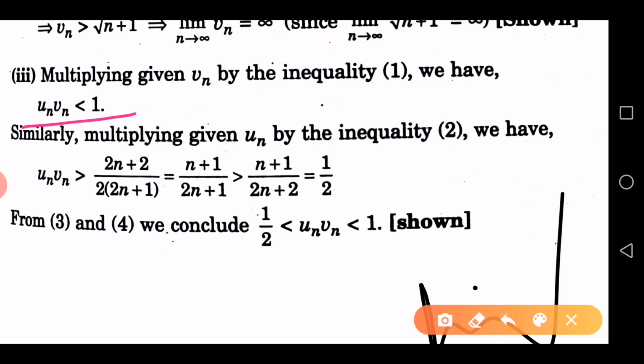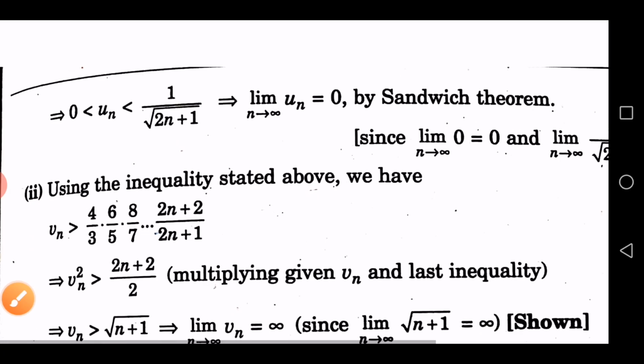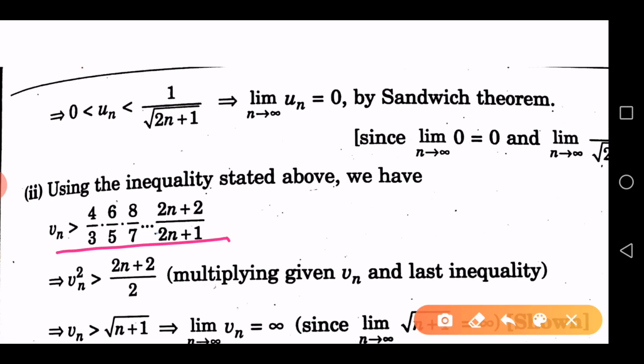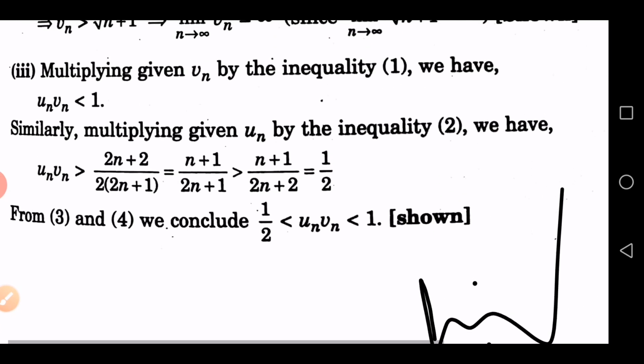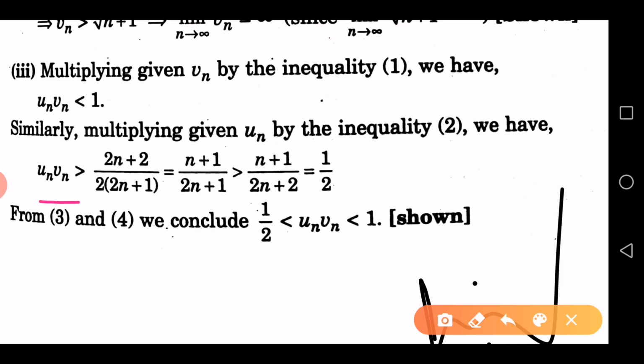Similarly, multiplying the given un and the just obtained Vn, that is the relation like this, we will have again a new relation which is un Vn is greater than half.